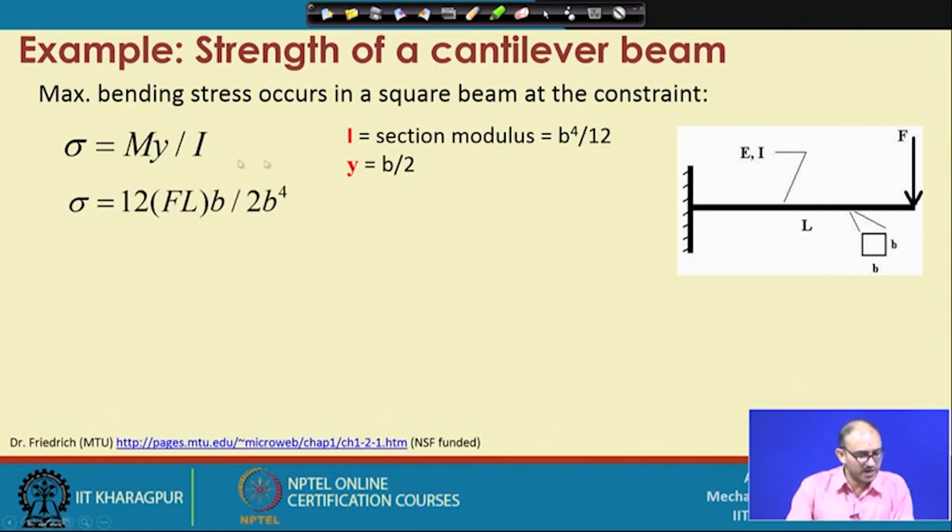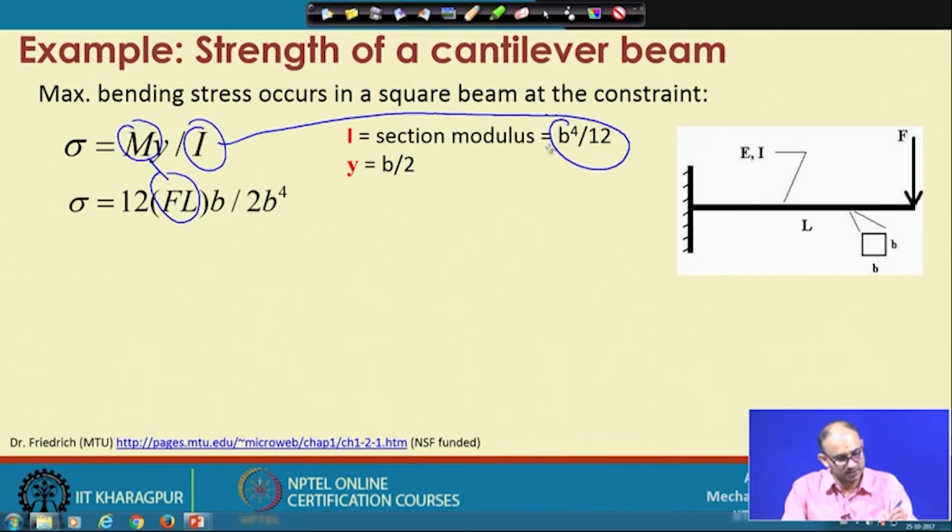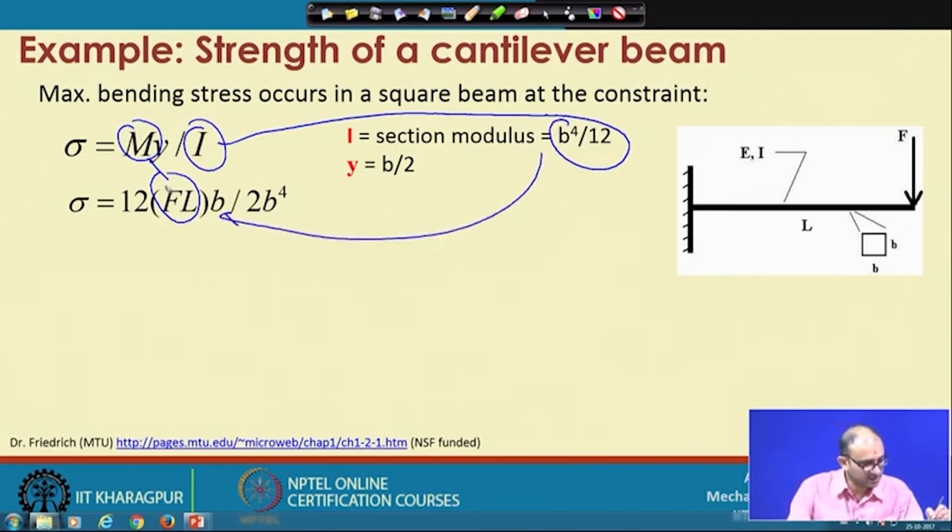Let us put I equal to B raised to 4 by 12, and M we put as F into L, the load given here multiplied by L. So, M becomes FL, and I we use from this equation. What are the parameters which have a length scale? This is one length scale, this is another length scale, and this L has one more L scale, and this is also L square.